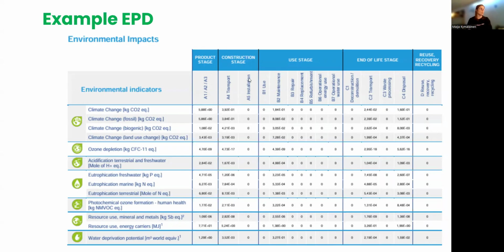So for product stage, construction stage, use stage, some of these are also separated into modules, end of life, and so on. Product stage A1 to A3 is usually declared as a whole instead of dividing it into different modules. And then we have all these different indicators here as well.